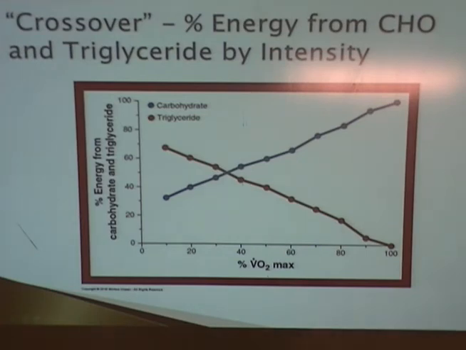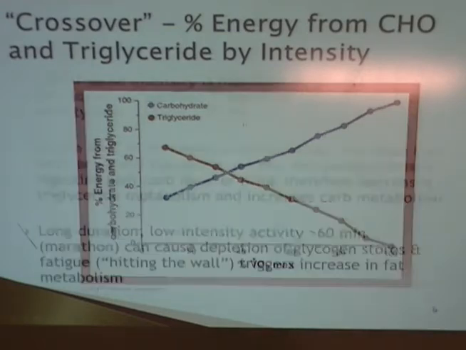So we said that we had two crucial variables. The first one is the intensity that I'm working at, right? How hard am I working? The second crucial variable is the duration, the time that I'm working, okay?